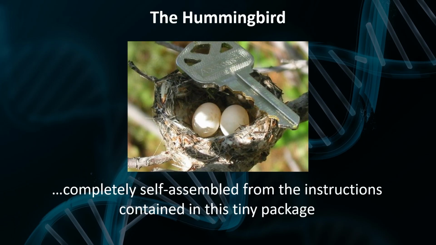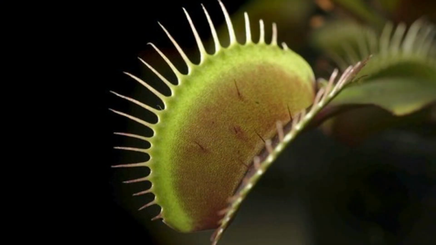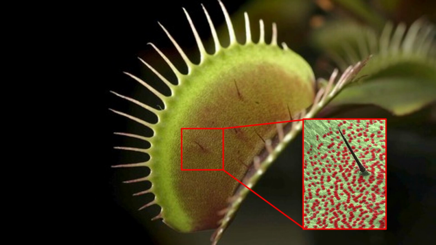Let's look at another example, the Venus flytrap, another incredible machine, a marvel of engineering. This trap has these little trigger hairs that are set off when an insect visits. It's got these cells that secrete digestive juices to digest that hapless insect.